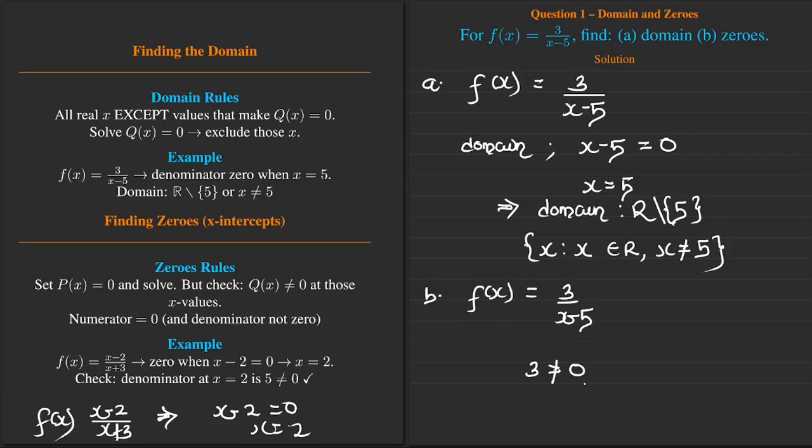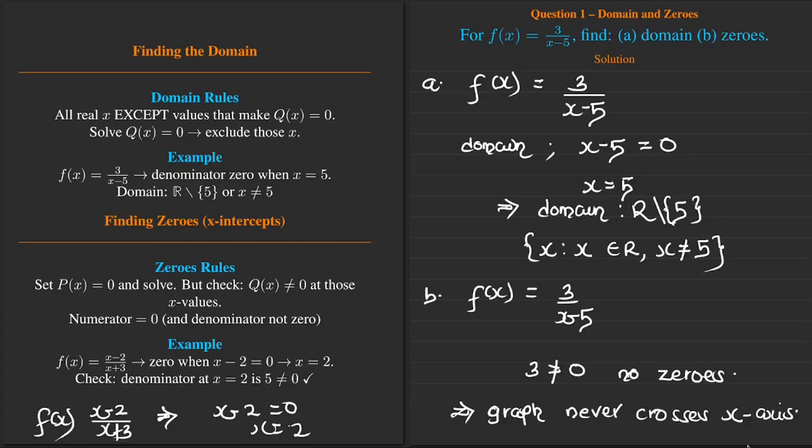So it simply means that the graph never crosses the x-axis because there is no way it is going to give us 0. So there are no zeros, which implies that the graph never crosses the x-axis.